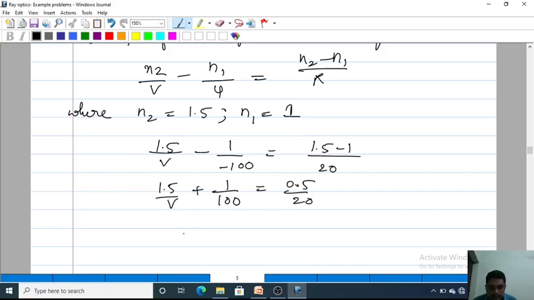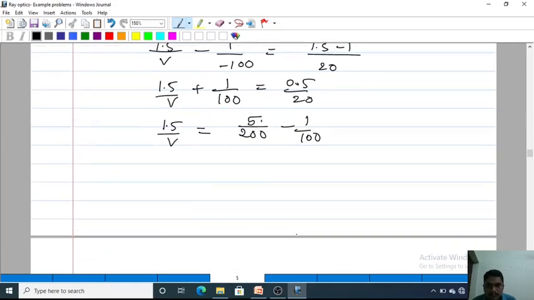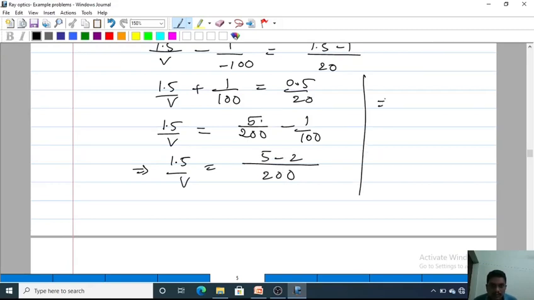Now we can simplify it as 1.5 by v is equal to 5 by 200 minus 1 by 100, that implies 1.5 by v is equal to 5 minus 2 over 200, 1.5 by v equals 3 by 200, so we get v equals 1.5 into 200 by 3.